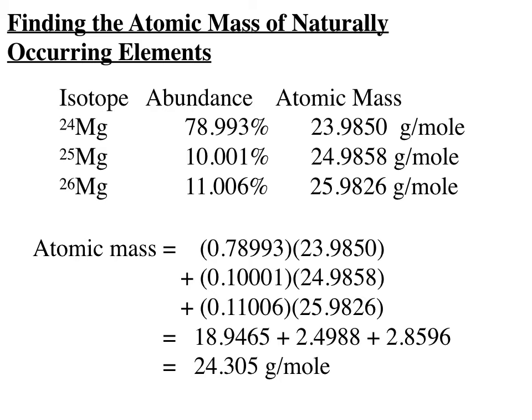I divide each abundance by 100, make it into a decimal form, multiply that decimal form into the molar mass of each. Then I just sum those weighted molar masses, and it gives me the total mass that I would find in the periodic table for magnesium, 24.305 gram per mole.